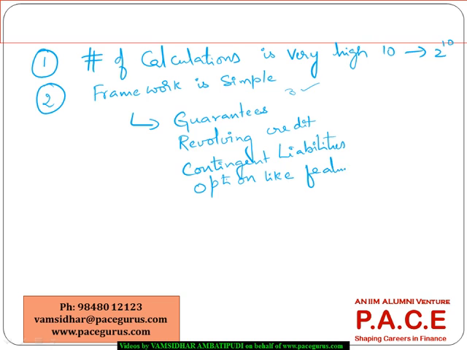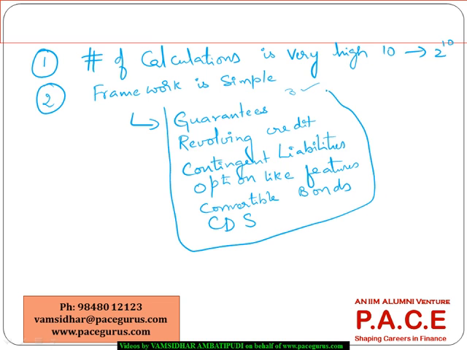Any option like features, like convertible bonds or credit default swaps, cannot be modeled into this framework. Probably you remember this one single word, it can help you: all these come only under that particular framework.